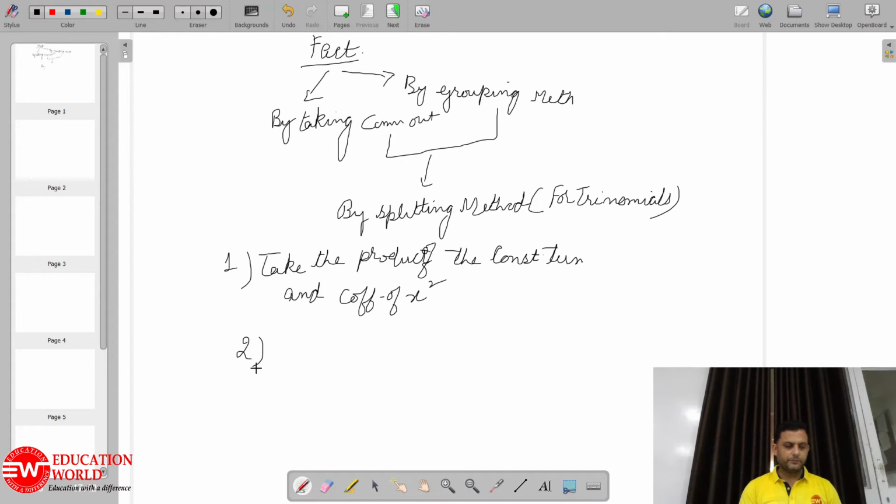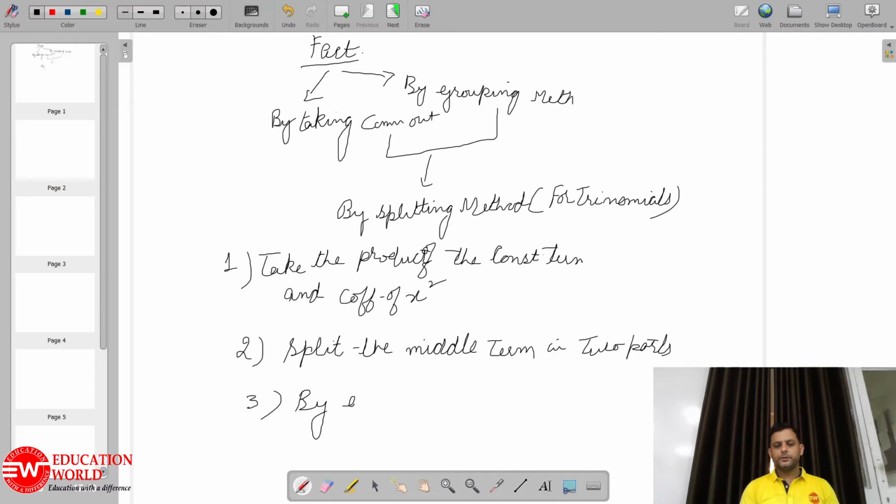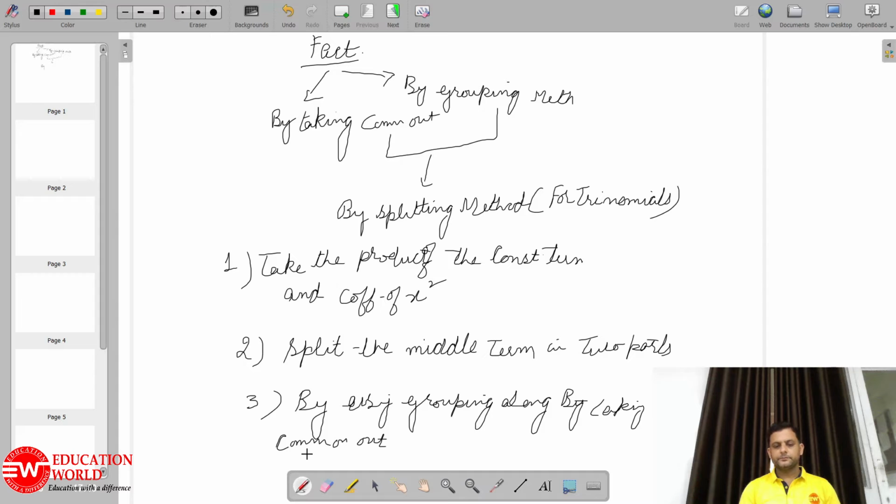Then the second point you have to remember, break or split the middle term in two parts, and then by using grouping along with taking common out, we can factor.